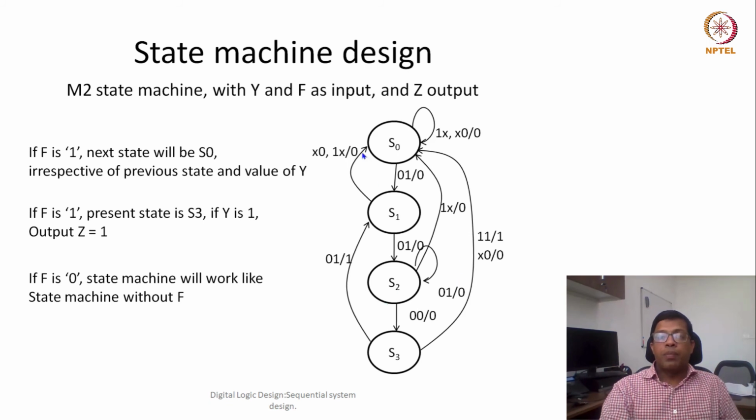If y is 0, then it doesn't depend on f, and the output is always going to be 0. So this is how we have to design this state machine.